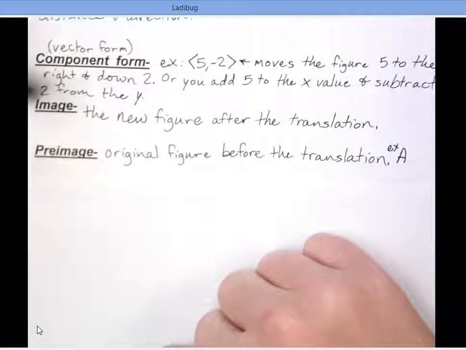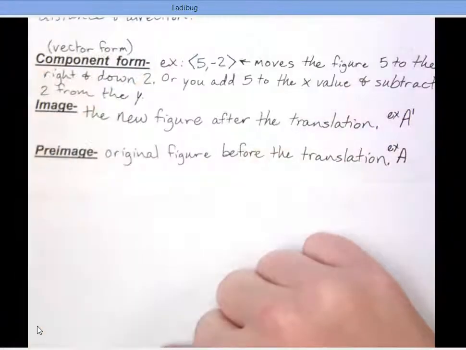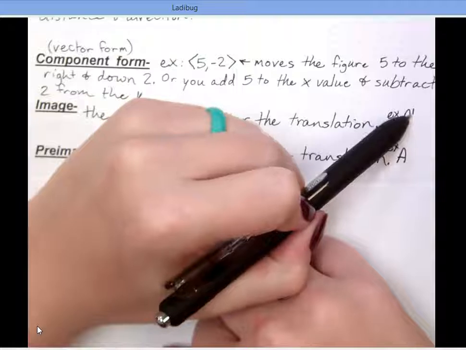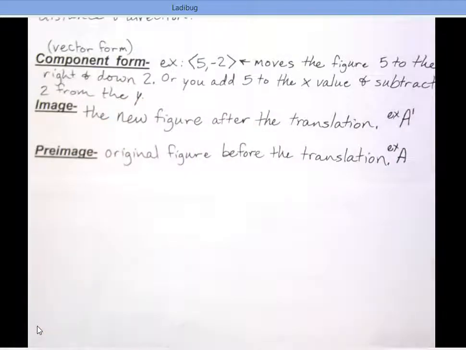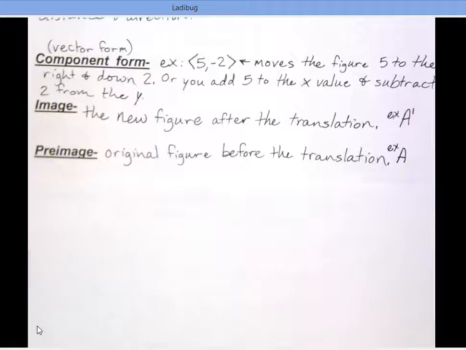But when it changes to the image, it becomes A prime. It's just an apostrophe by the A. So that's the change. So you will see that A prime, and that means the shape has already been translated. It's already been moved in some way if it has a prime by it. If there's no prime, it means it's the pre-image, so the shape has not been changed.